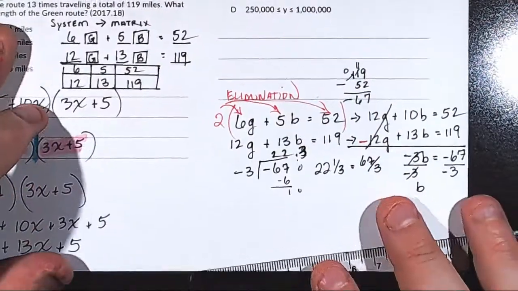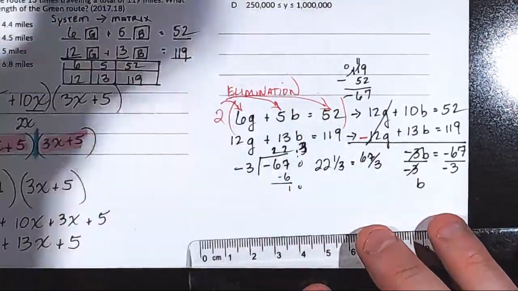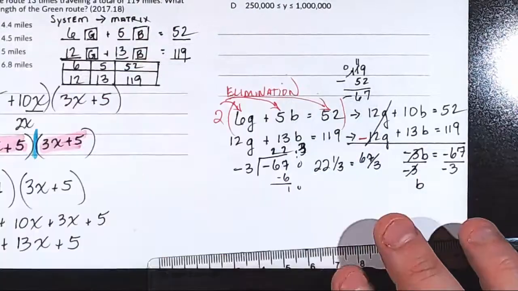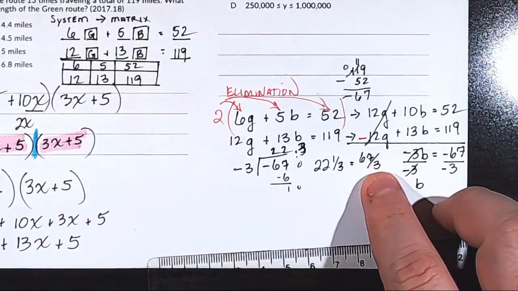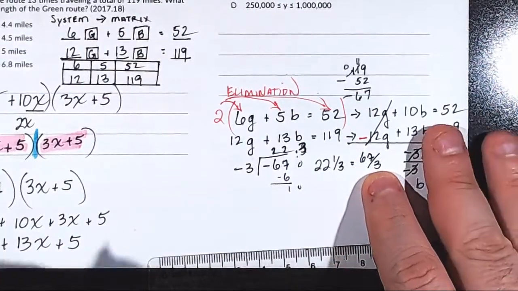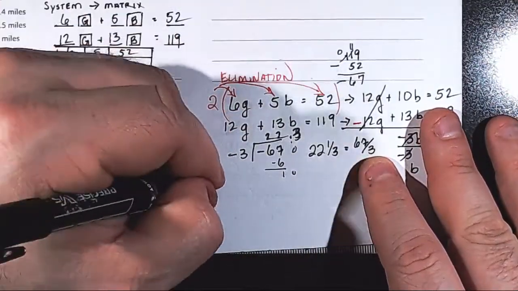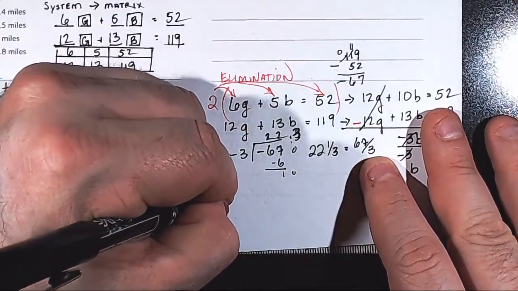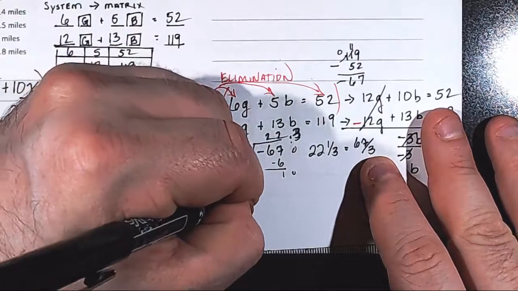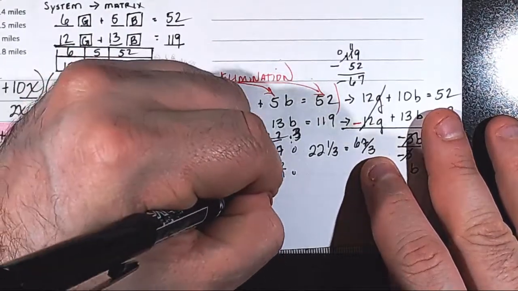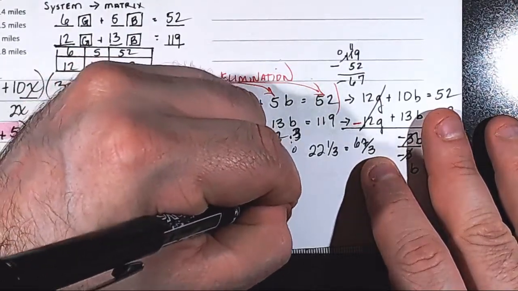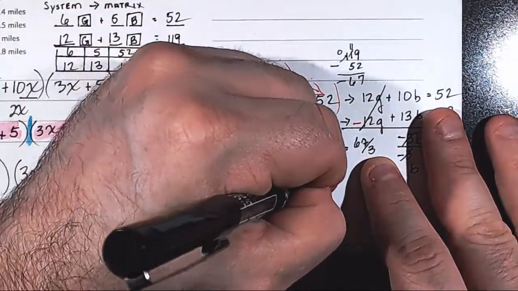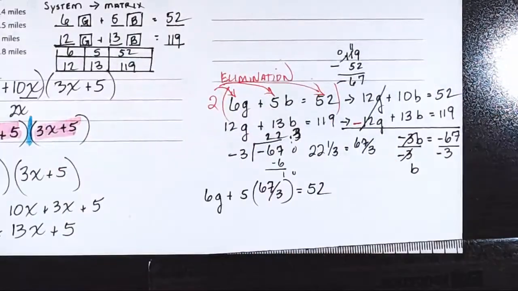It doesn't matter which equation. Wherever you see a B, you put 67 thirds. Let's use this first one: 6g plus 5 times 67 over 3 equals 52.